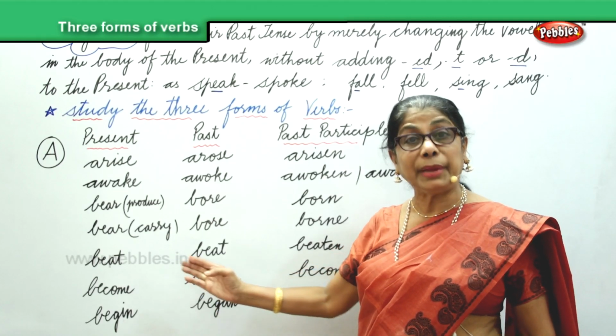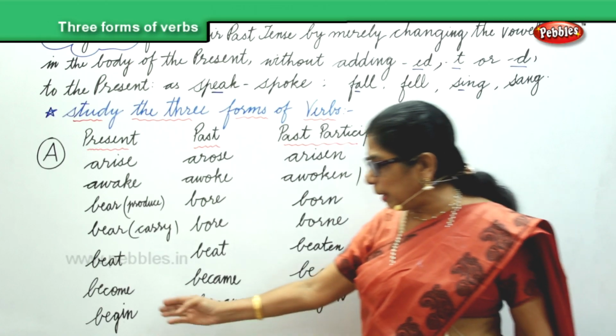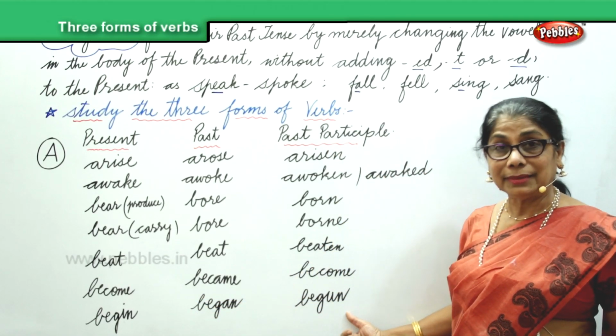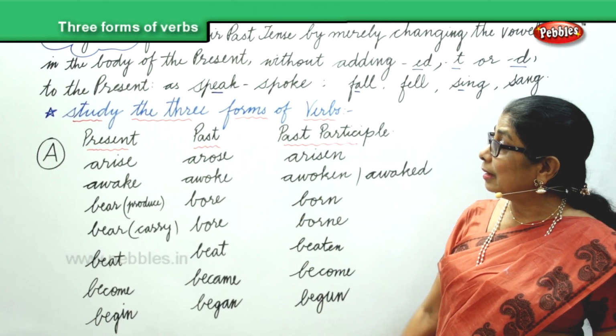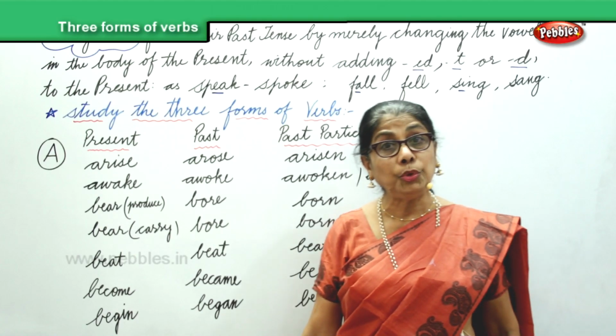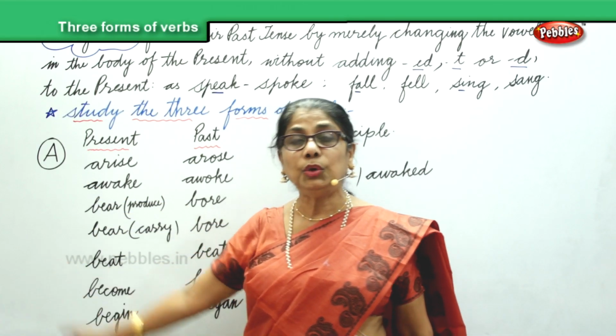Become, became, and become again. Begin, began, and begun. So these are the three forms of strong verbs we have done. We have a lot more to go. As I told you, we are doing it in alphabetical order, and we'll do some more.